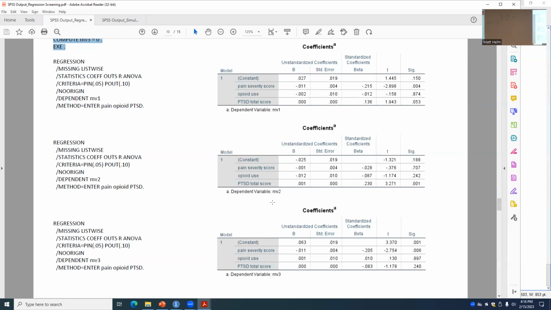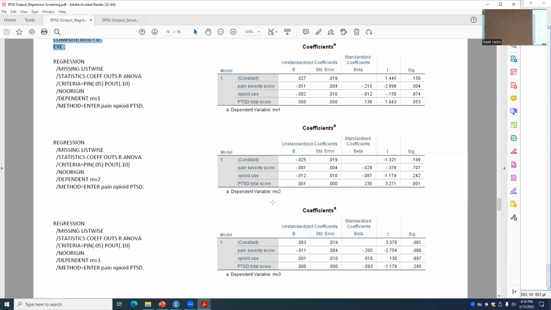So this looks like low pain and maybe PTSD. This one is high PTSD. And this one is low pain.